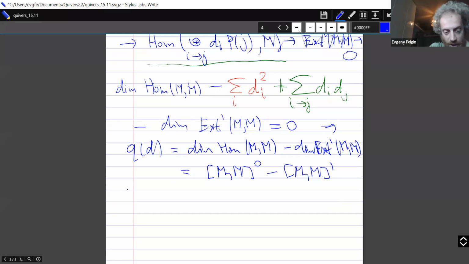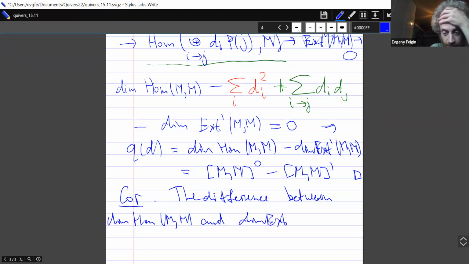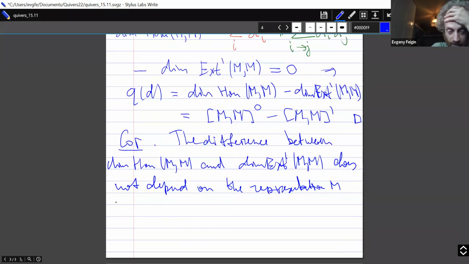So the corollary, which is a direct corollary but a bit unexpected, is that the difference between the dimension of Hom(M, M) and the dimension of Ext^1(M, M) does not depend on the representation, only on the dimension vector.